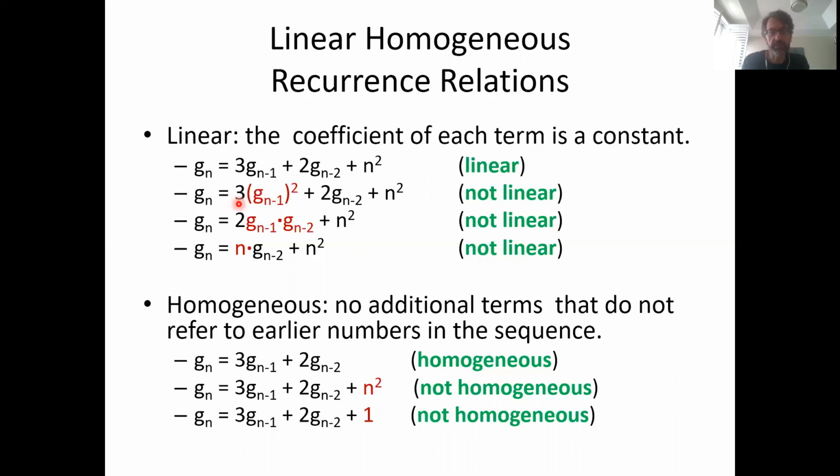We call this a linear expression because it's linear in these variables. If you just look at this expression as some function of the variables which are previous elements of the sequence, you ignore this term, and look, what kind of function is it?